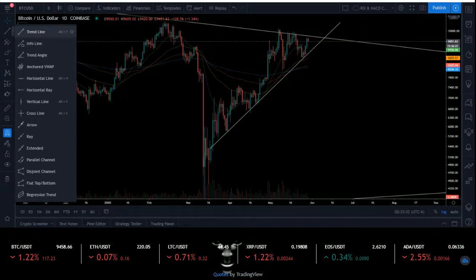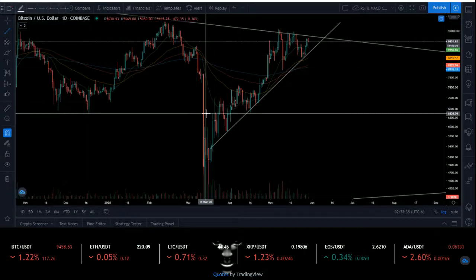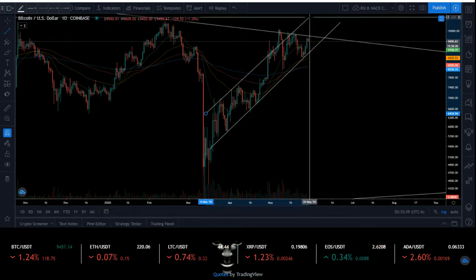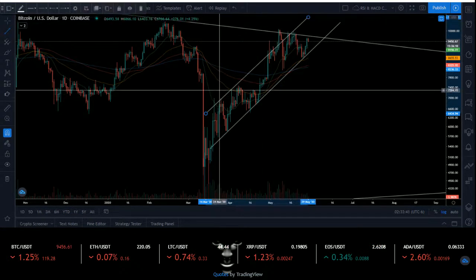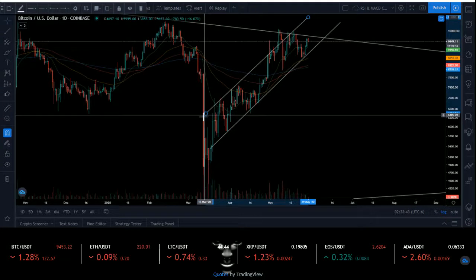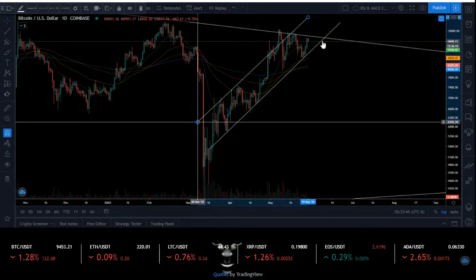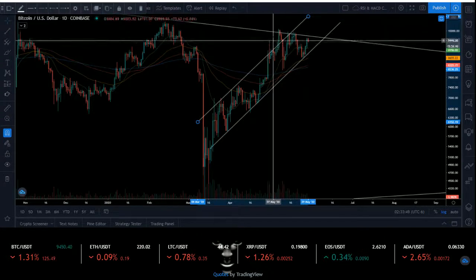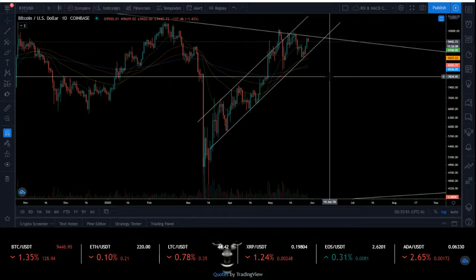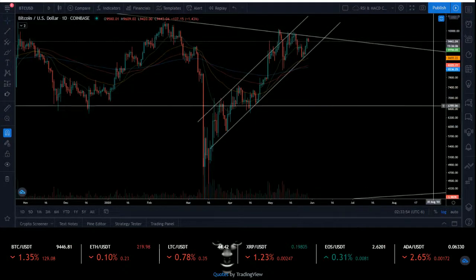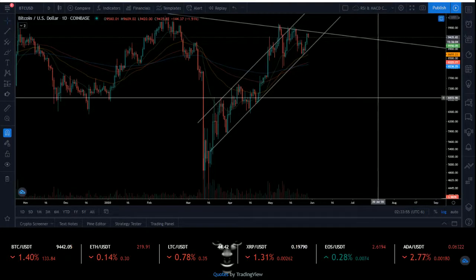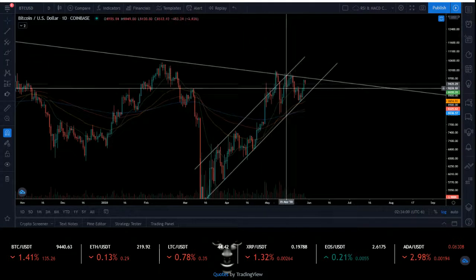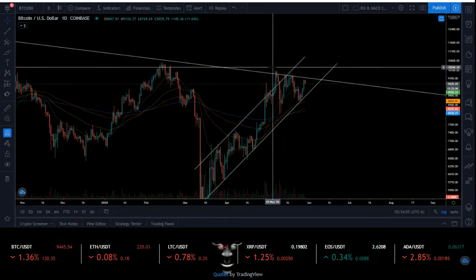And the second would be here. It looks like a channel, which I will discuss later. It broke slightly here but came back. So this is the trend line. If you look at the price reaction, you can see our trend is very effective.